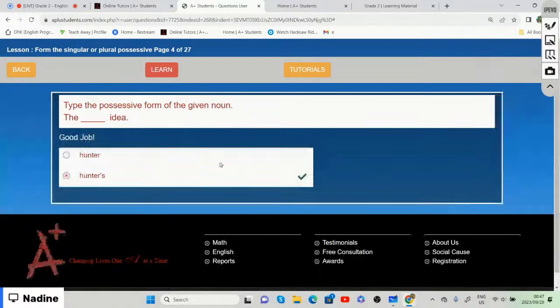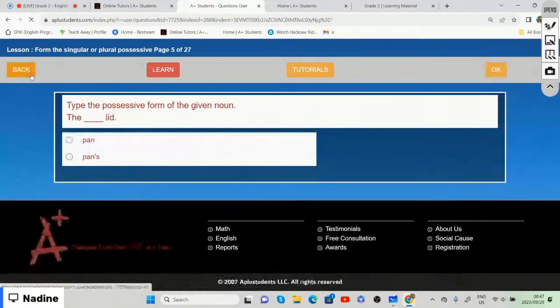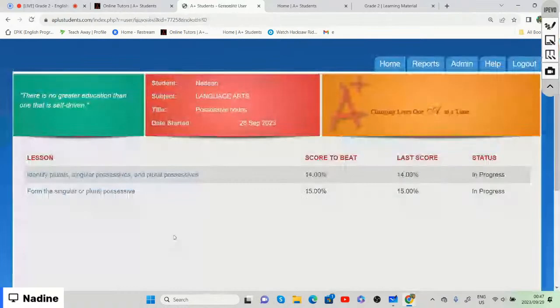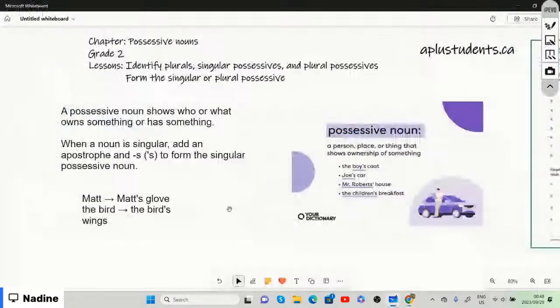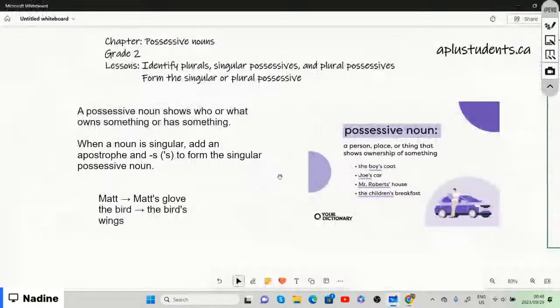All right, so that is now our lesson on possessive nouns, and we see that a possessive noun shows who or what owns something or has something, right?